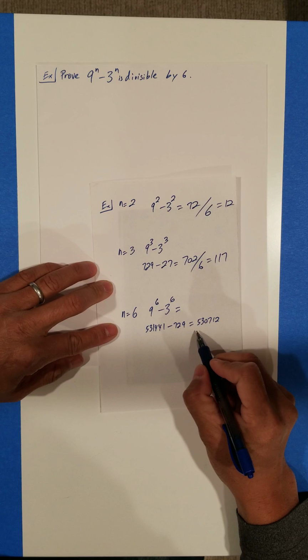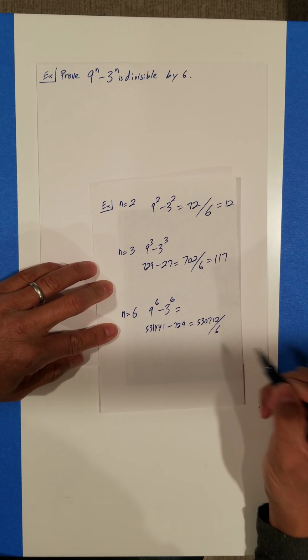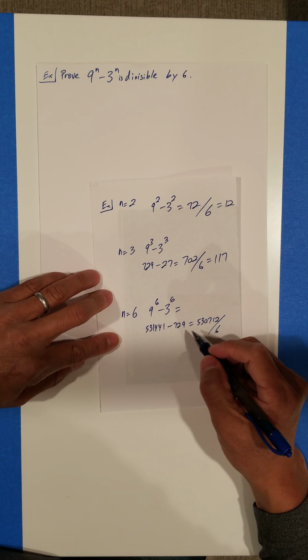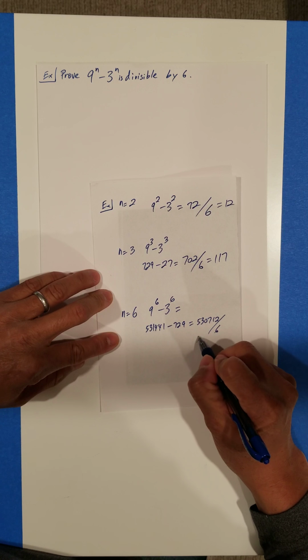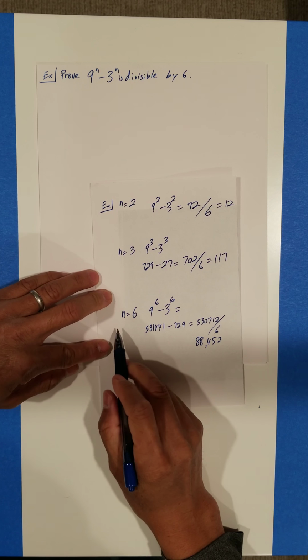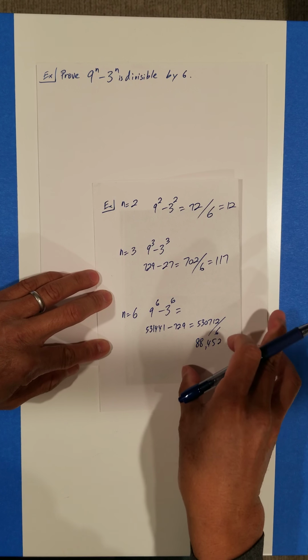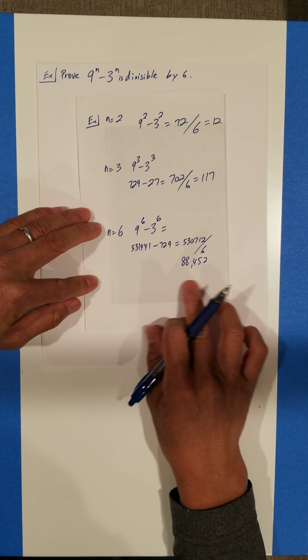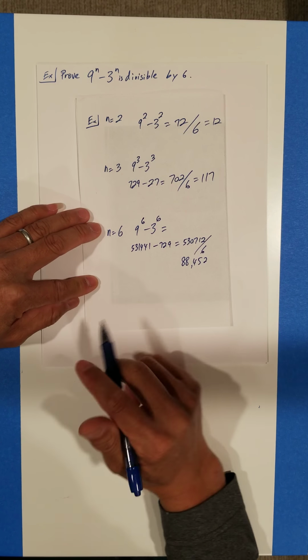And the question is, can we divide this by 6? If you tried it, it would divide perfectly and you get 88,452. So it doesn't matter what you pick for the power. That's what this statement says. It will always be divisible. That's a really powerful statement.